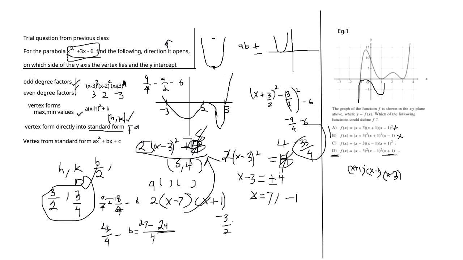To make it easier, let's convert everything to a denominator of 4. So now you have 9 minus 18, which is minus 9. So you have minus 9 over 4 minus 6, all over 4.